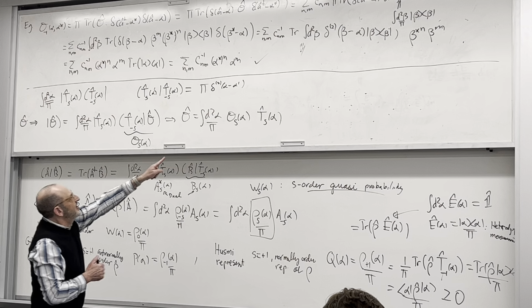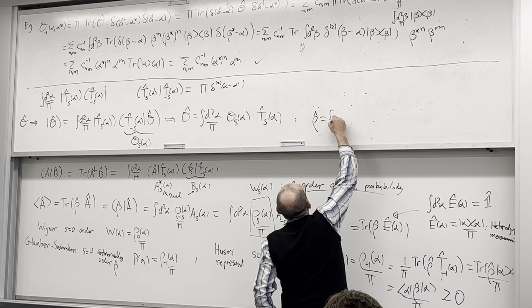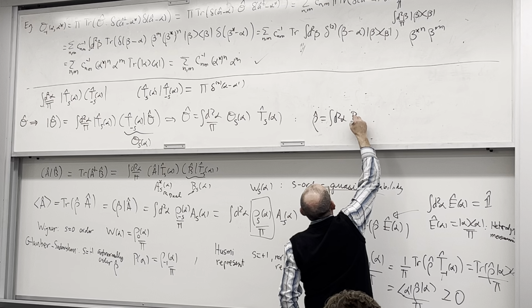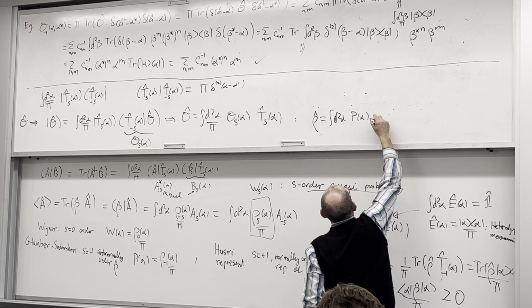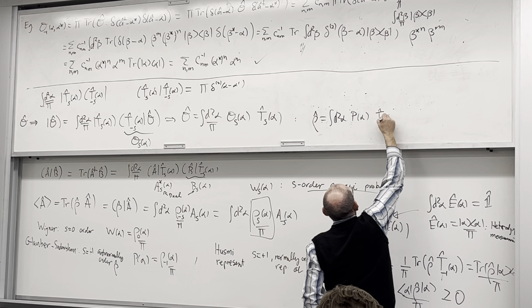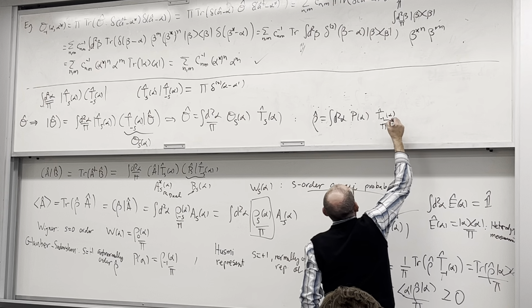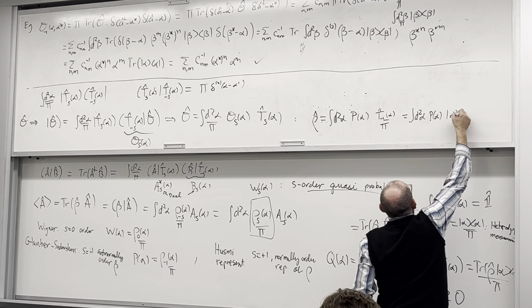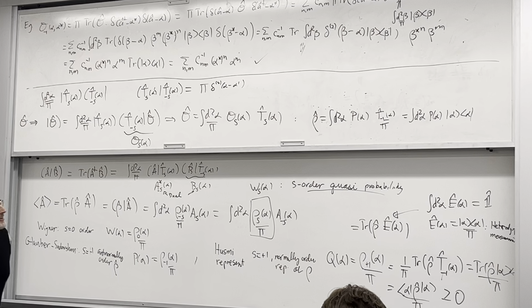Using this relationship over here, what we see is that rho is equal to the integral over alpha of the P function times the anti-normally ordered delta function, which is what we said our definition of the P function was, as a statistical mixture of coherent states.